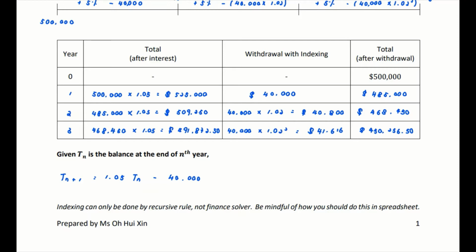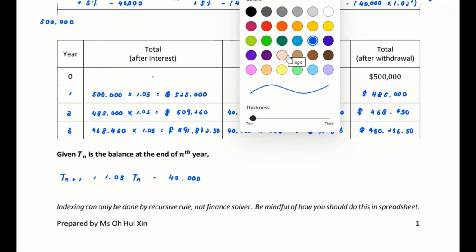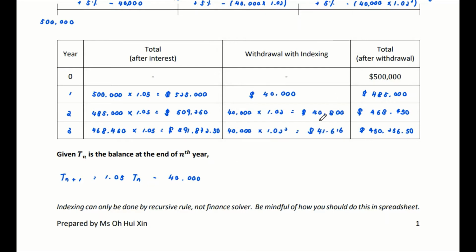So you can realize here that for this case, when you are doing your first withdrawal, during your T1, the withdrawal that you are doing is 40K. During your T2, you multiply 1 time of 1.02. During your T3, you multiply 2 times of your 1.02.